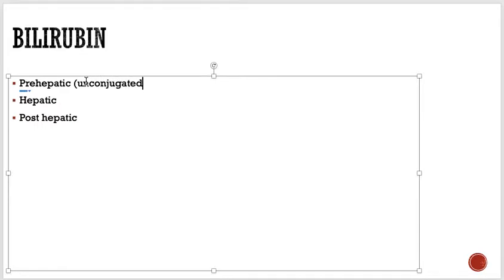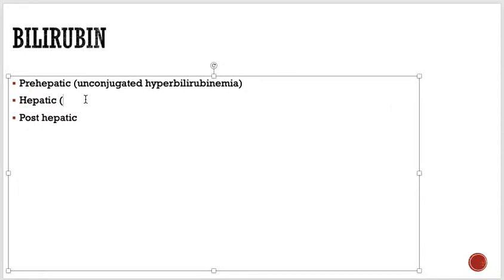Okay, so unconjugated hyperbilirubinemia, because much of the unconjugated or indirect one will be present in the blood. I told you one of the examples is called hemolysis. So that's why whenever they give us the results of bilirubin, they give us both conjugated as well as unconjugated one.